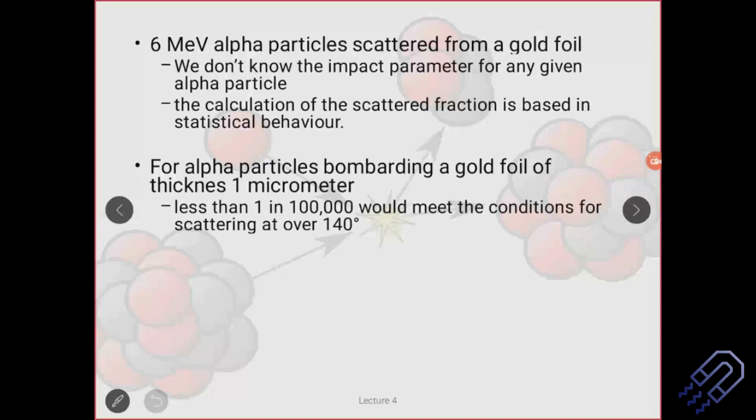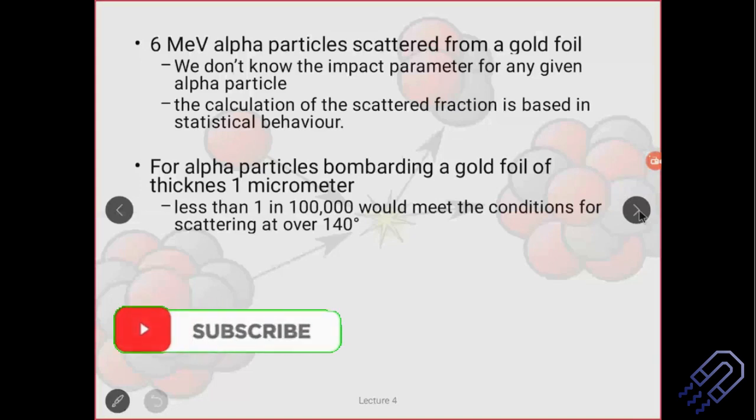Very important. Consider an alpha particle bombarding a gold foil of thickness, let's say, 1 micrometer. That is what was done originally. If there is scattering, and this is the target, I have an animation, but I don't know if I'll be able to show it to you. The alpha particle will come and there is a chance that it will actually go back.